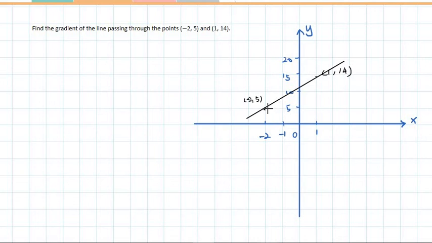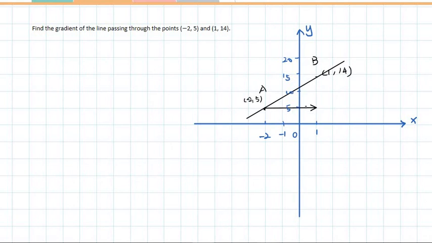Because we're going to find the rise and the run, we need the horizontal and vertical distances between the 2 points. I travel from my first point to the right, because the other point is on the right-hand side.